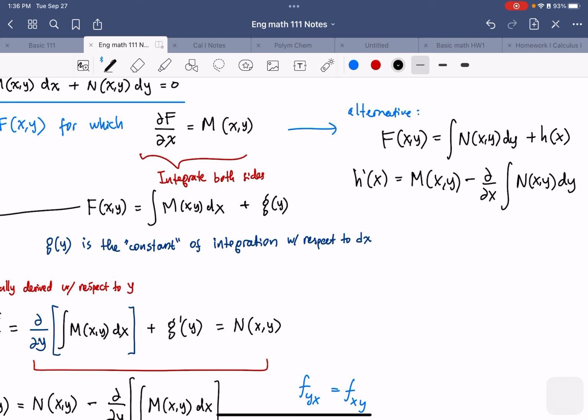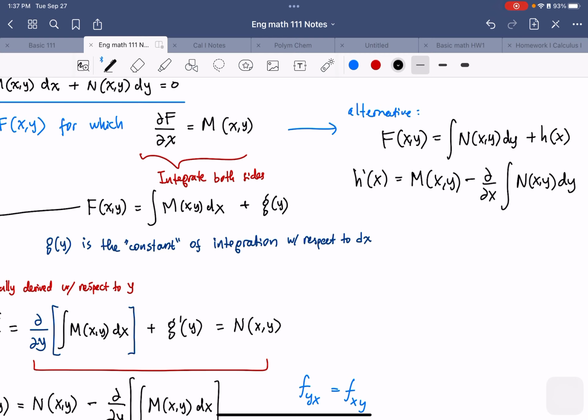So no matter which part you observe, as long as it is an exact equation, you know the exactness, you can go through here or here. They will have the same result. So what is the solution actually? The solution is just this.